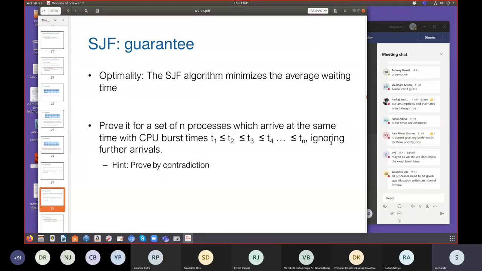Also, something that we will not cover in this course, but there are certain special kinds of operating systems where such guarantees are necessary. That means all processes need to be allocated CPU within a particular interval of time.